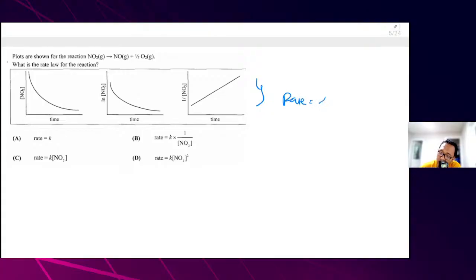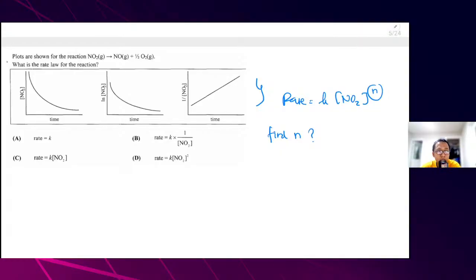The rate law is rate = k[NO2]^n, and we don't know this exponent n. Our goal is to find the value of n. Is it 0, 1, or 2? How do we know that? Just by looking at each graph and what it tells us.